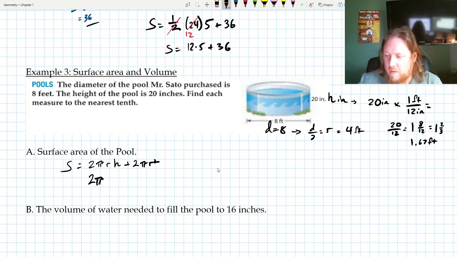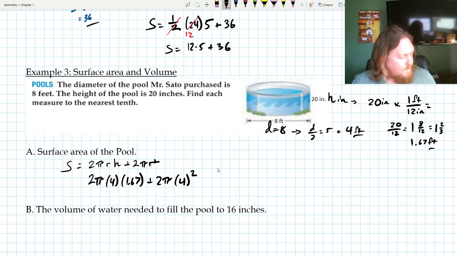All right, now we both have our units in feet. And let's go there. So 4 feet times the height of 1.67, that's just approximated, right? Plus 2 times pi times the radius squared.